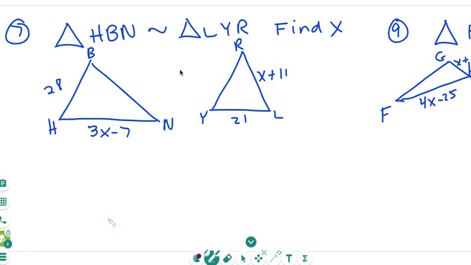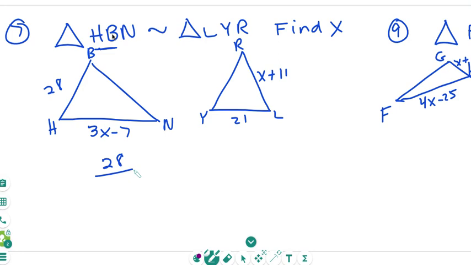All right, now we have two similar triangles. HBN is similar to LYR, and we need to find x. So the first thing that we're going to do is look at our two sides, and I'm going to use HB, which is going to be 28.